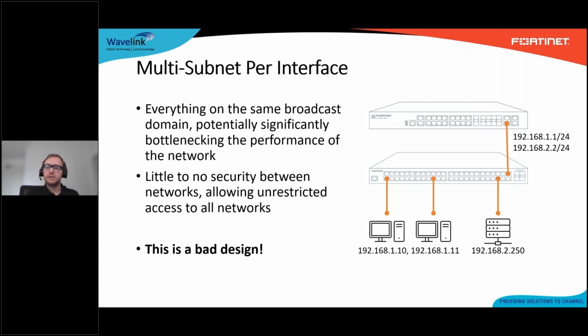And in most cases, if I were to take one of these PCs, change its IP address to belong to the server network, maybe give it the IP address of 192.168.2.10, then suddenly my PC is on the same IP subnet as your servers, and you can get direct access to those. So this whole idea of a flat design is really not up to today's standards. There are a lot of security holes with it. It's just plain not really a good design for modern networks.